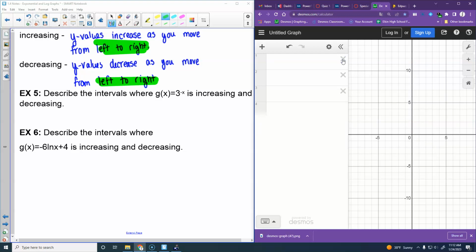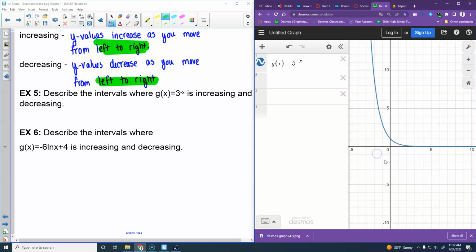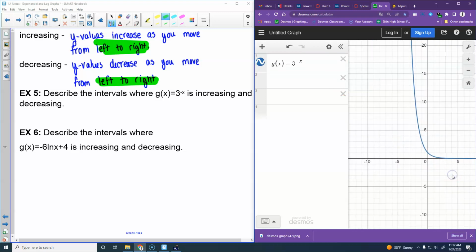And this is why. If I graph g of x equals 3 to the negative x, and I look at this graph from left-hand side to right-hand side, what would you say about this function? Is it increasing or decreasing? It is decreasing.